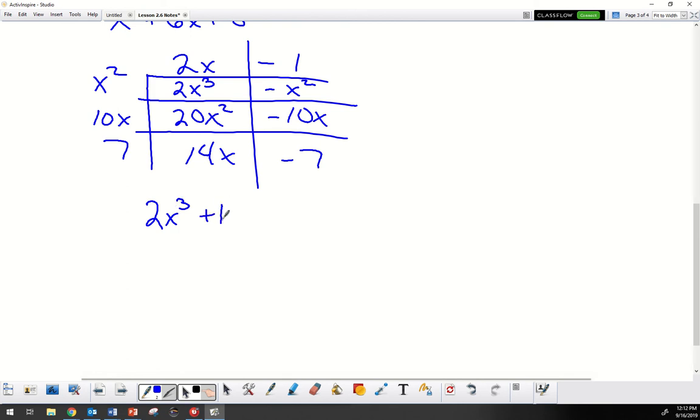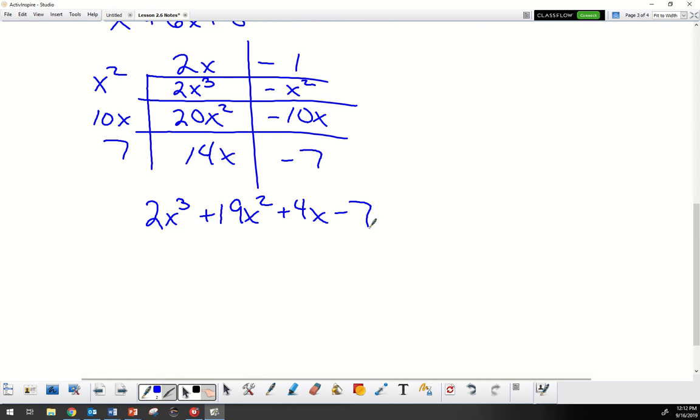Positive 19x squared. And then plus 4x, right? Just the x's. Positive 4x, and then, there we go.